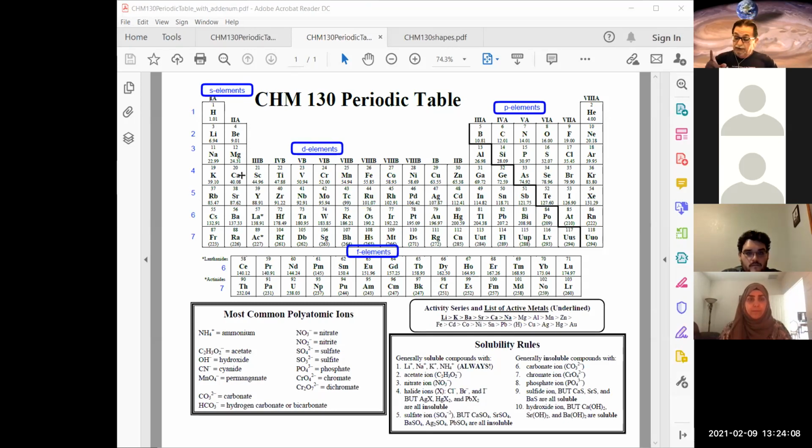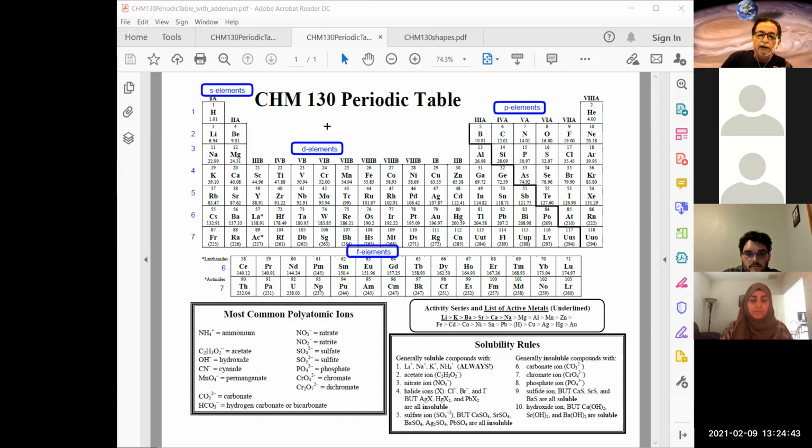Now, here's another concept that we pull from the periodic table. Notice we talked about earlier the Roman numeral number on top, 1A, 2A, we'll go across to 3A, 4A, 5A, 6A, 7A, and 8A. That Roman numeral represents the number of electrons in the outermost shell, what we call the valence shell, the outermost layer of that onion.